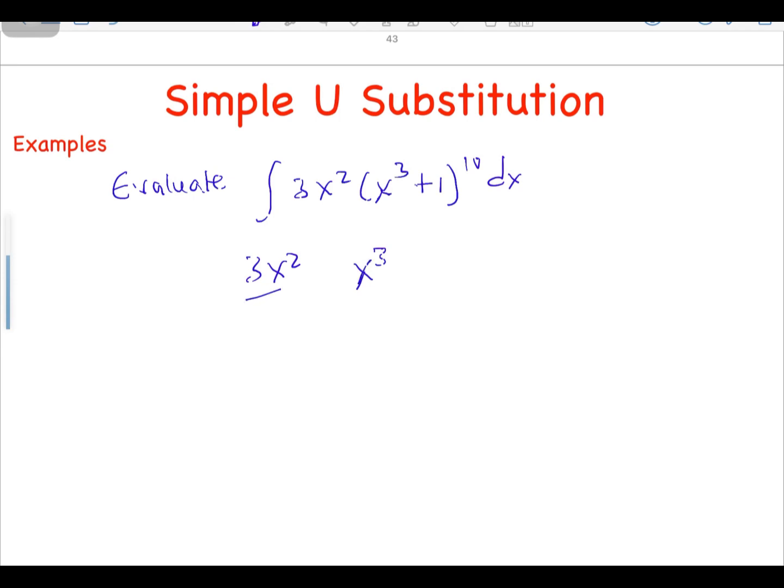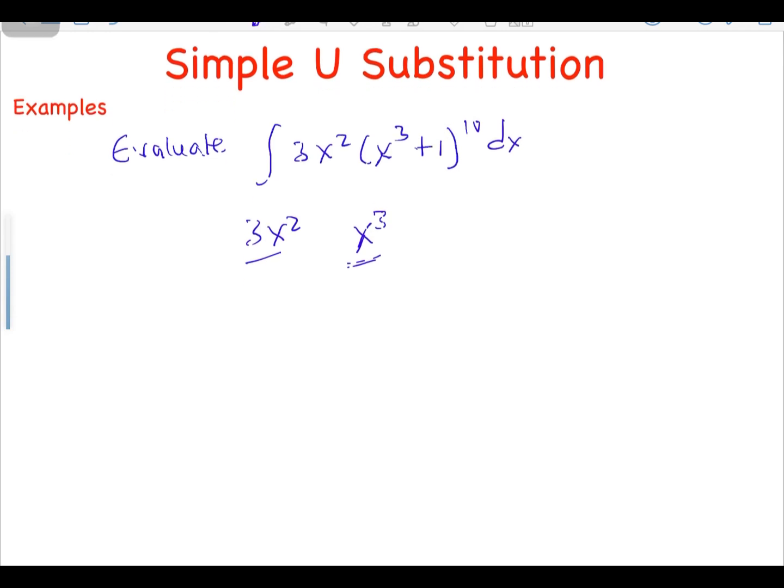Because it is the derivative of x power 3, when we simplify, we'll be able to eliminate this extra term in order to get our function simpler to solve. So in that case, we can say that let our u represent this.